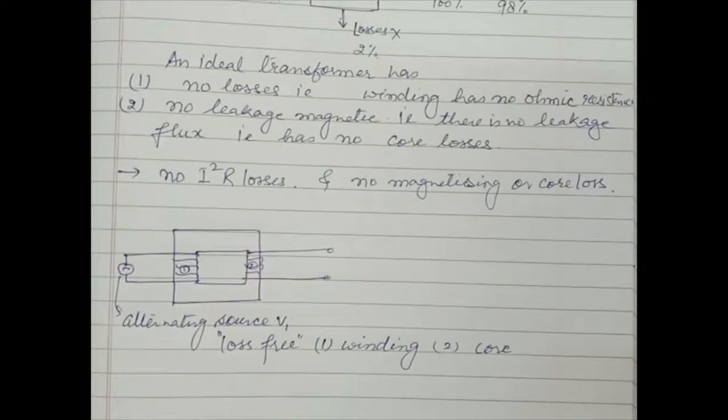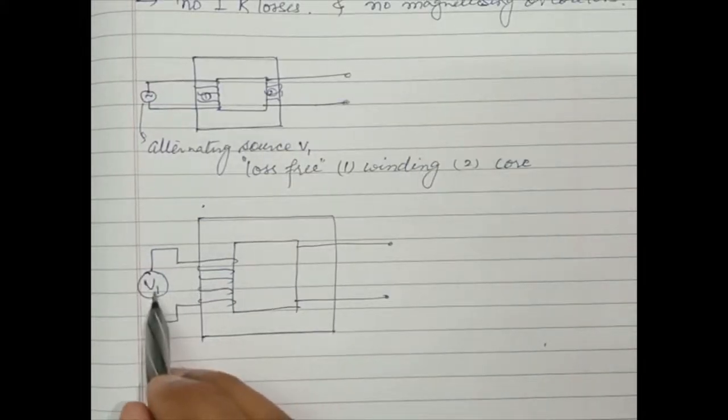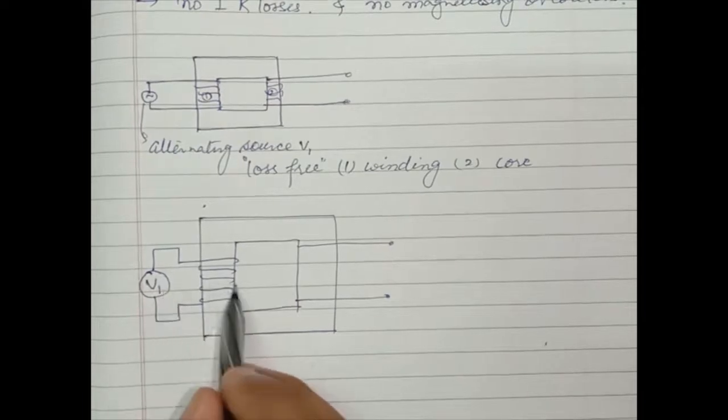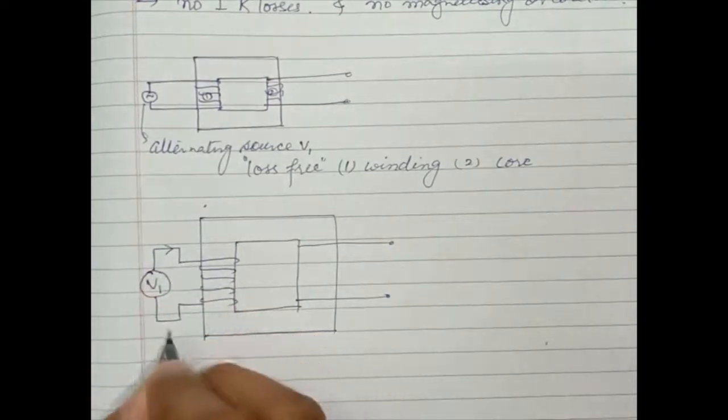What will happen when the primary winding is connected to the AC voltage source? Because of the potential difference, there is a flow of current in the primary winding.